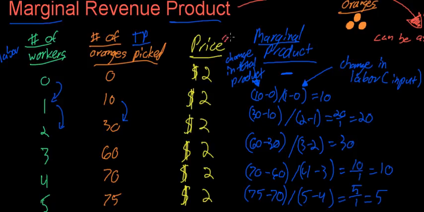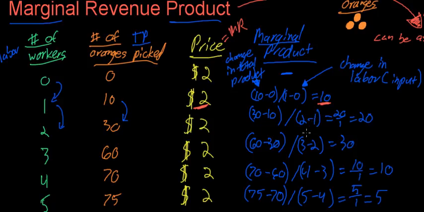This is our marginal revenue because this is the increase in revenue for any 1 unit of production, oranges. So all that we're going to do is take this column and multiply it by 2.